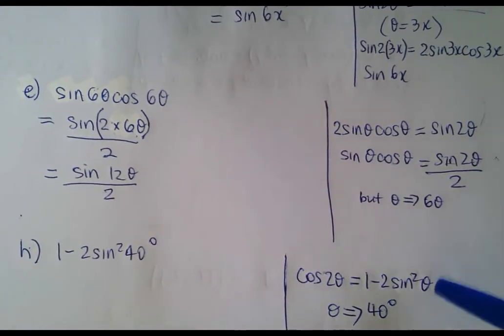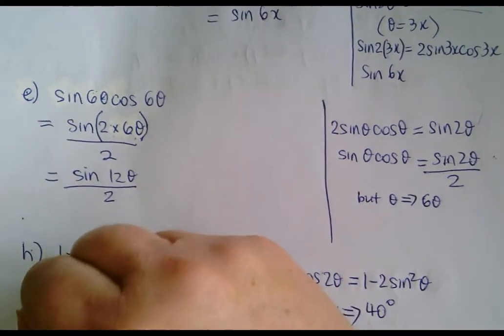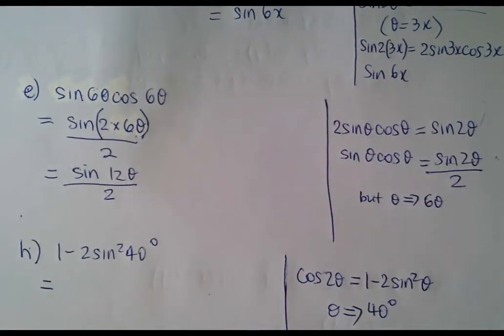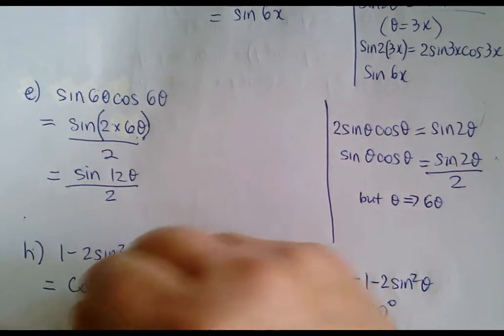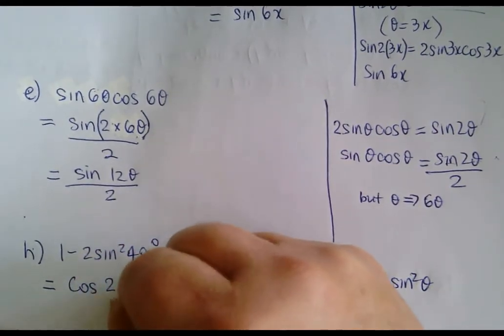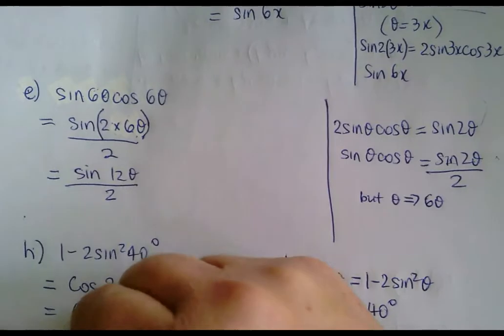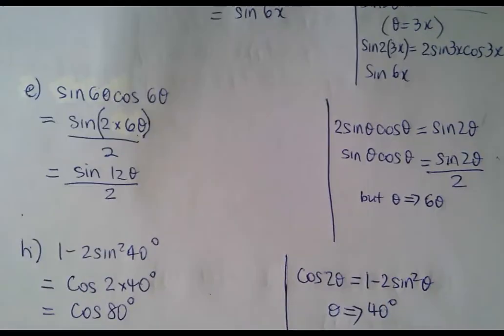So what does your expression equal? 1 minus 2 sine squared theta is cos of 2 theta. So just replacing the theta with 40 degrees, what does this equal? Cos of 2 times 40 degrees, which is the cos of 80 degrees.